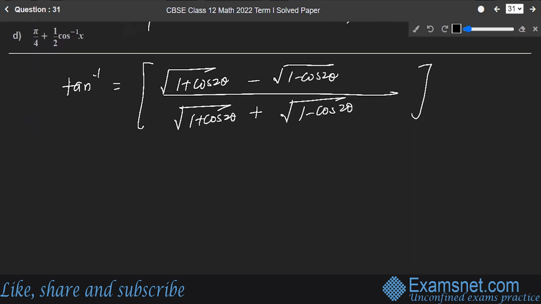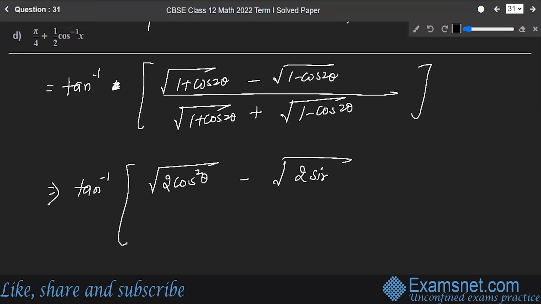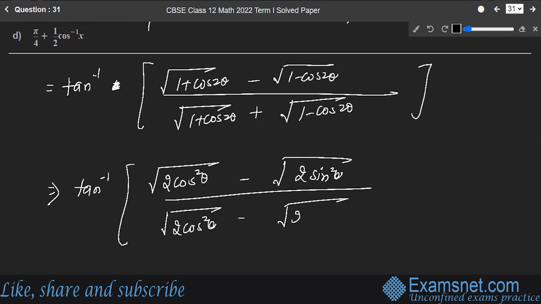This is equal to tan inverse; 1 plus cos 2 theta is 2 cos square theta, and 1 minus cos 2 theta is 2 sin square theta, divided by root of 2 cos square theta minus root of 2 sin square theta.